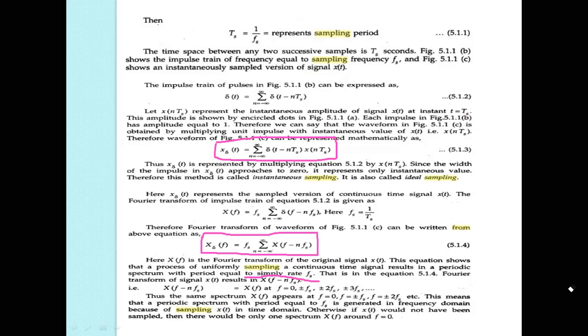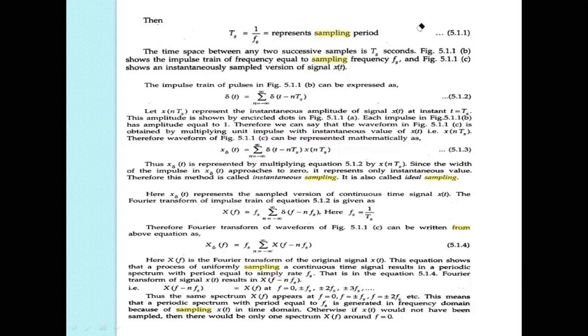It is repeated at plus or minus fs, plus or minus 2fs, and plus or minus 3fs. If the signal x of t had not been sampled, there would be only one spectrum X of f around f equal to 0. All right, my dear students.